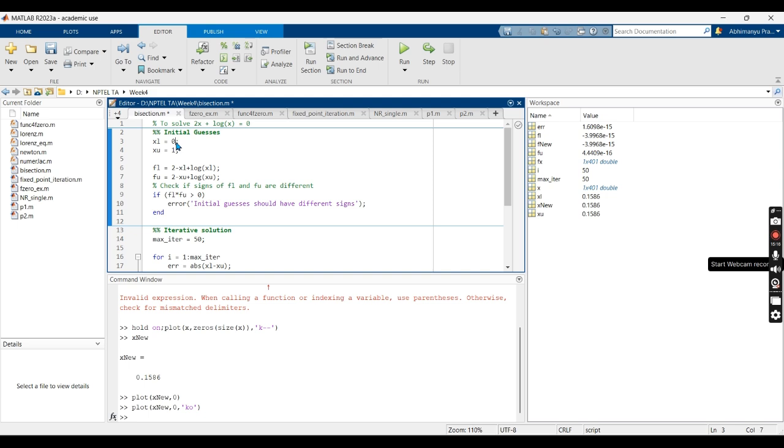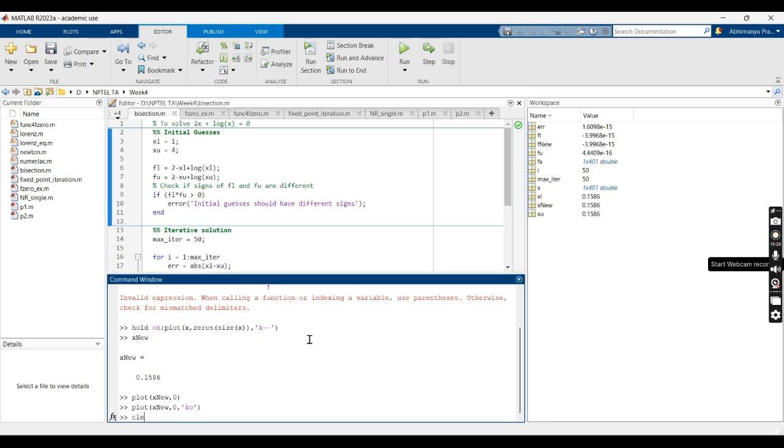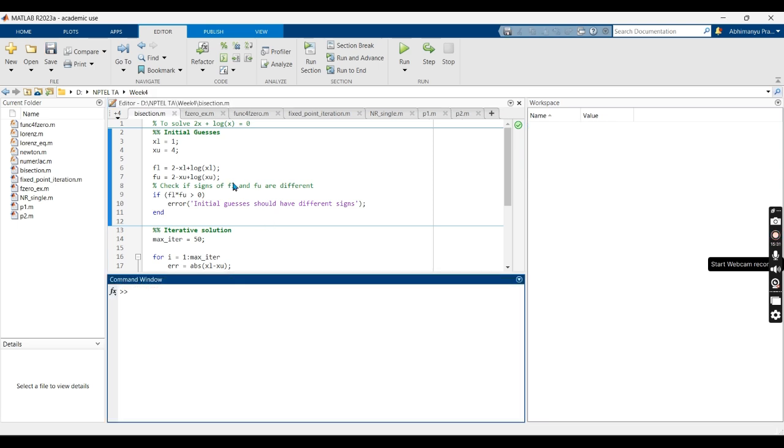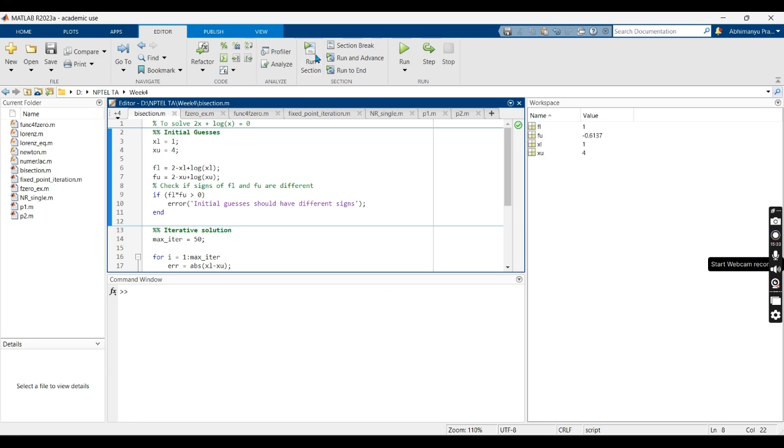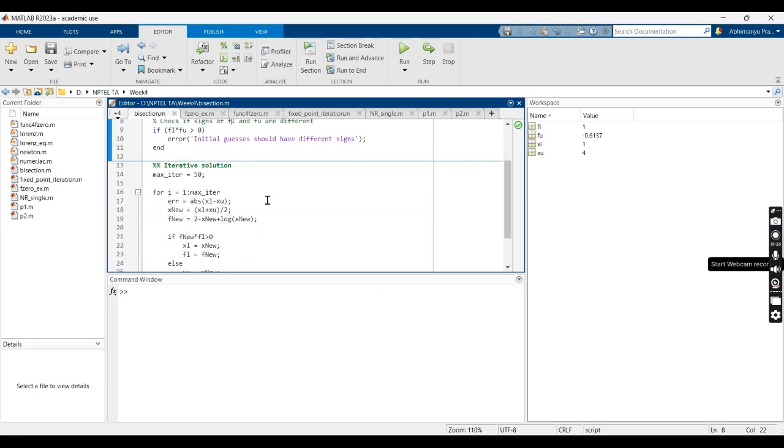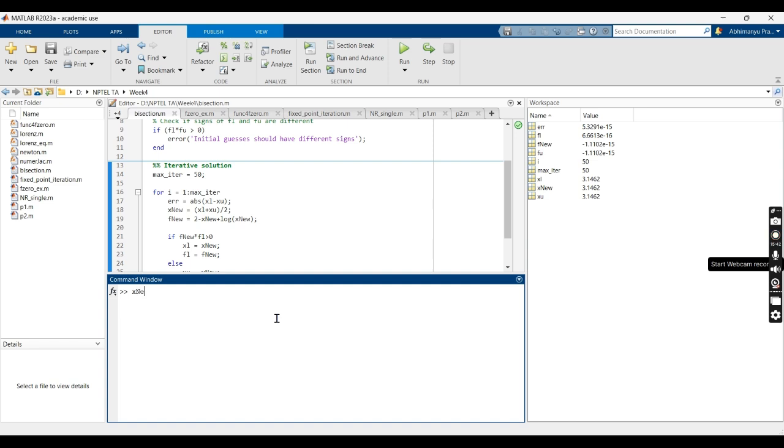Sorry, I will replace the lower value with 1, the upper value with 4, and I will repeat the same process. So this time my function converges to 3.1462.